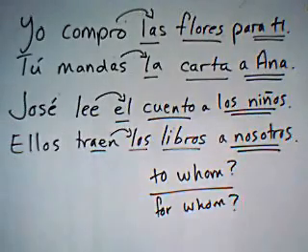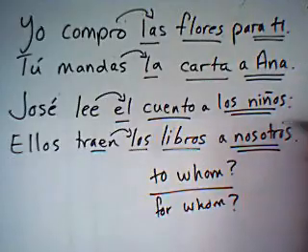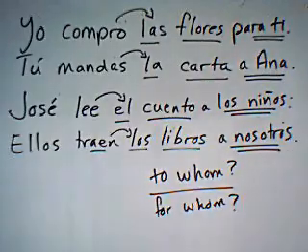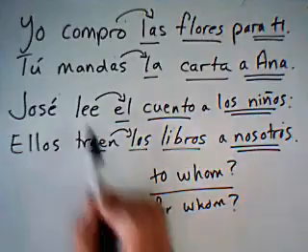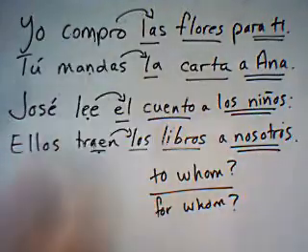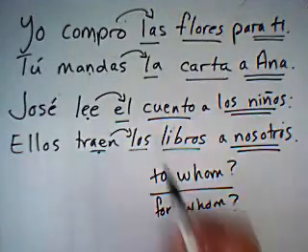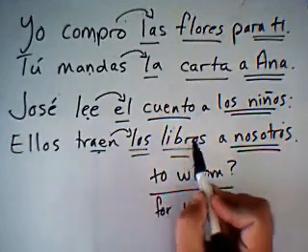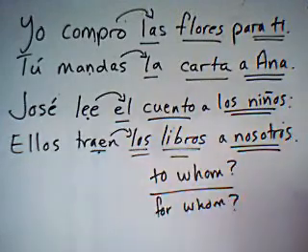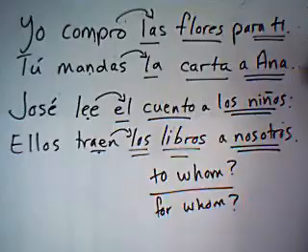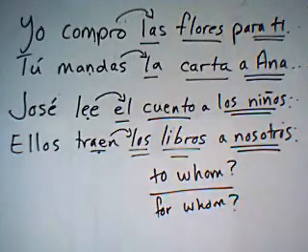Okay, so para ti, a Ana, a los niños, and a nosotros are indicating to whom or for whom the main action of these verbs is directed. Okay, the what, los libros, la carta, el cuento, that's the direct object. The for whom, the to whom, that's our indirect object.